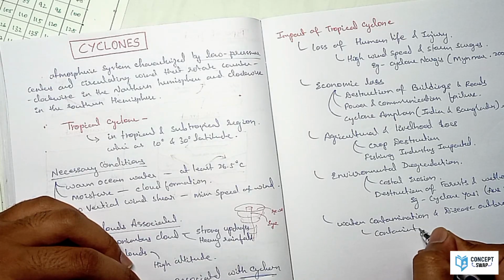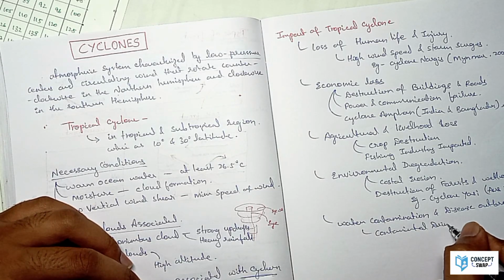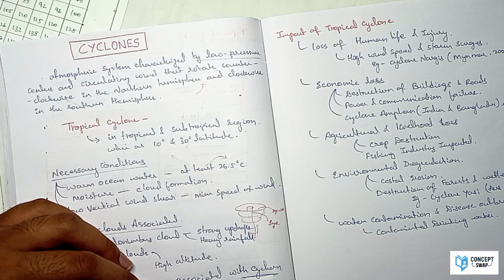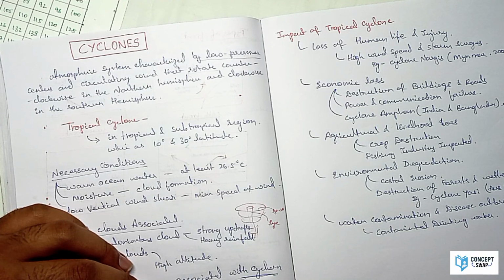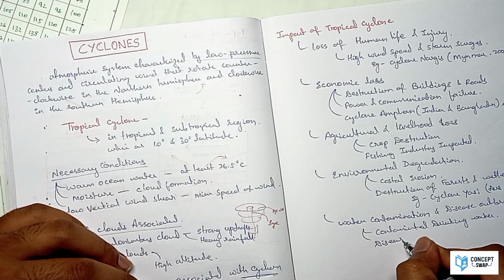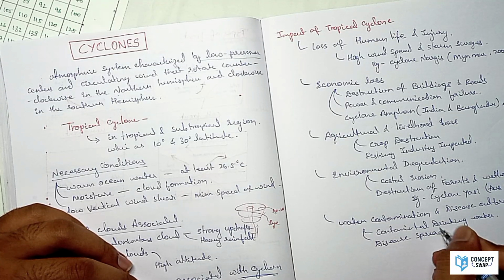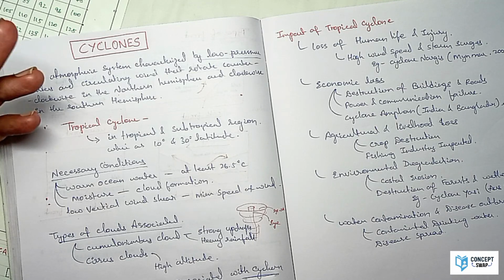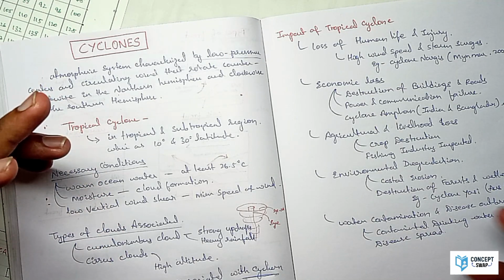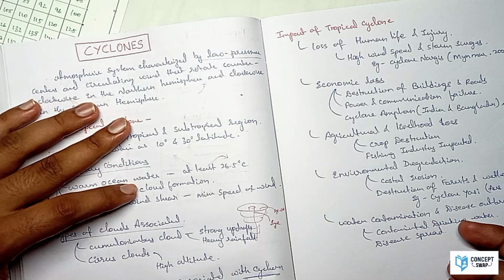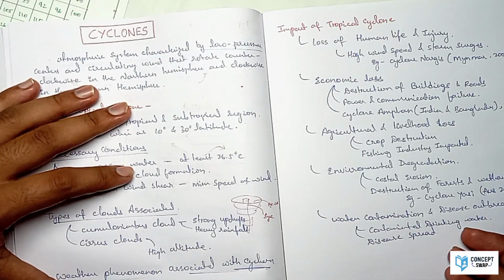Contaminated drinking water: the first thing is flood water mixed with sewage water. Then disease spread like dengue and malaria, vector-borne diseases. These diseases will spread rapidly during this time. This is the major impact.